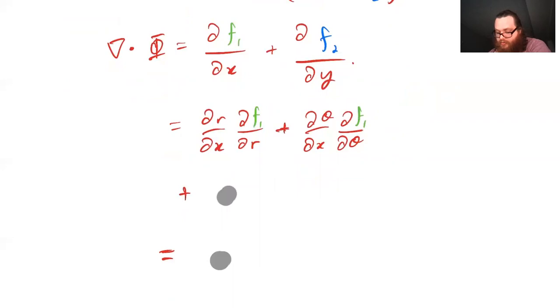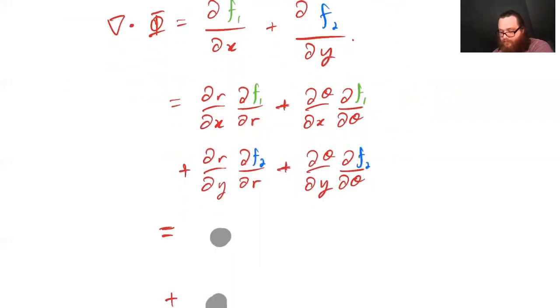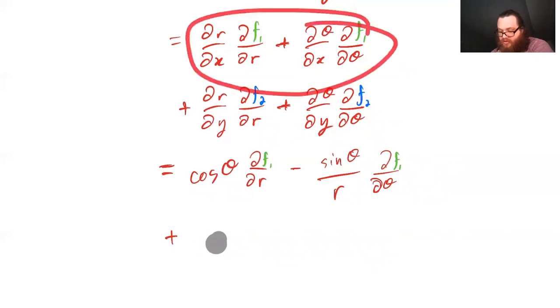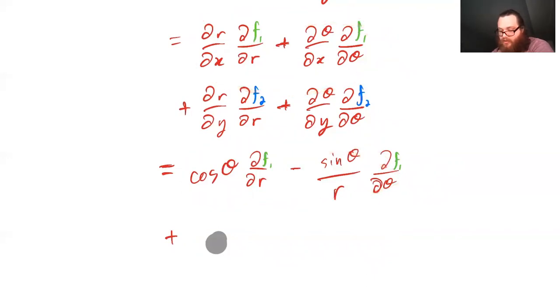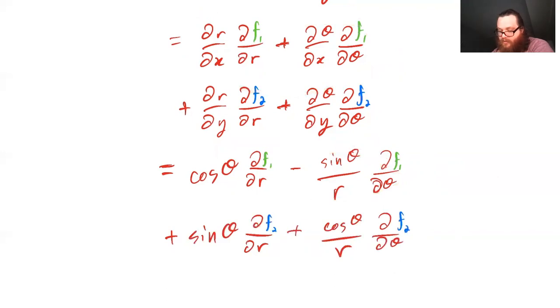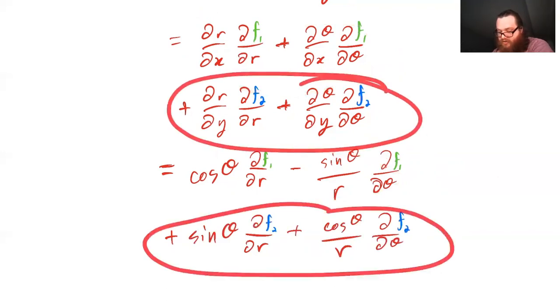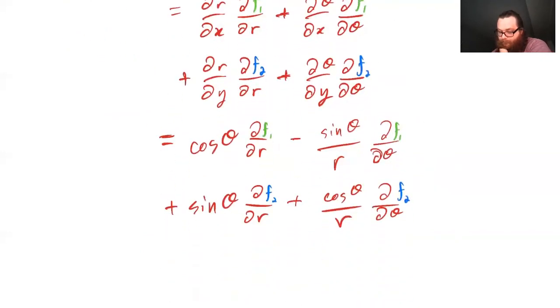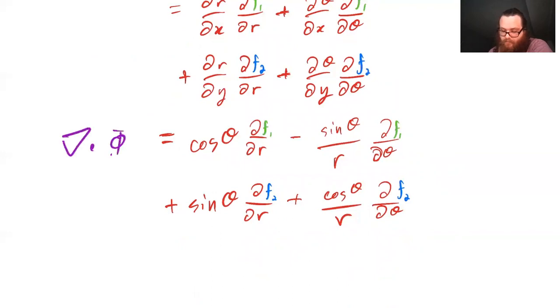What about d/dy of f2? That takes that form. And if we plug in for these coefficients, this is equal to this, and this is equal to this. And that's the divergence in terms of polar coordinates. Again, old computation.